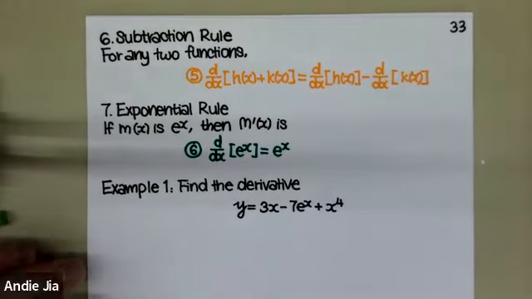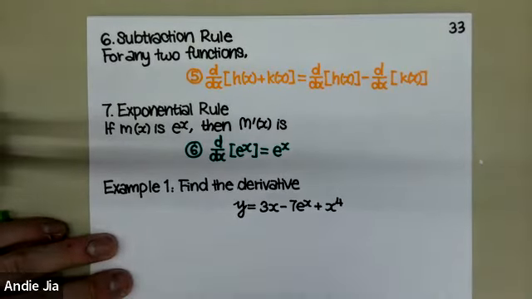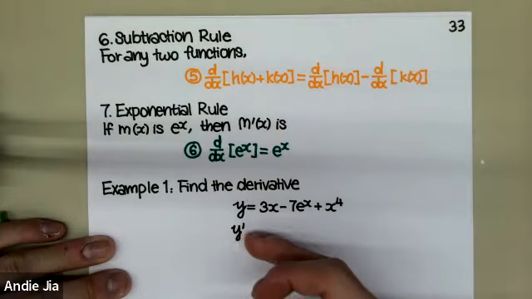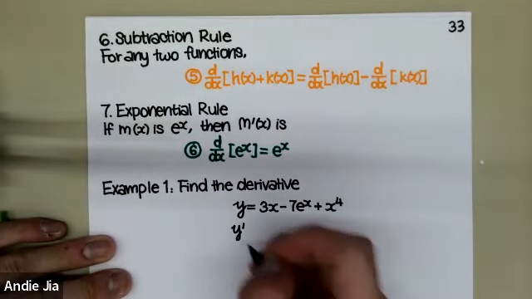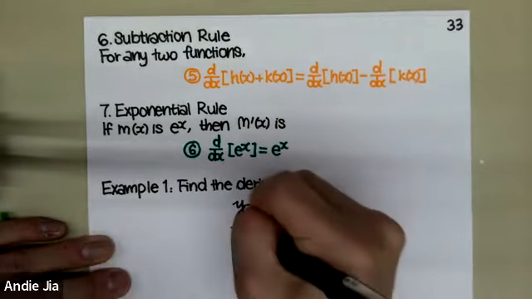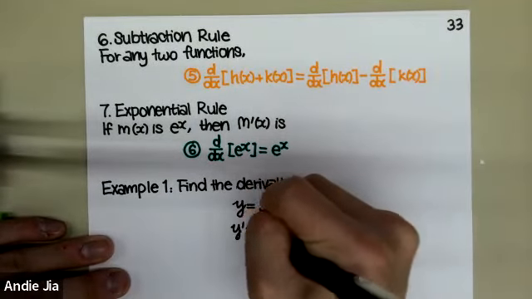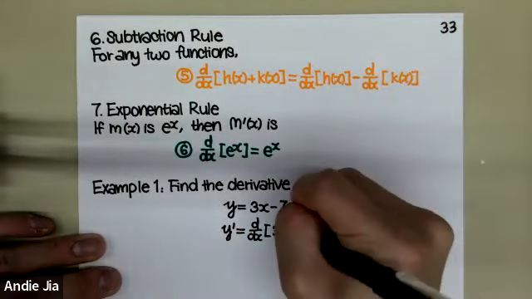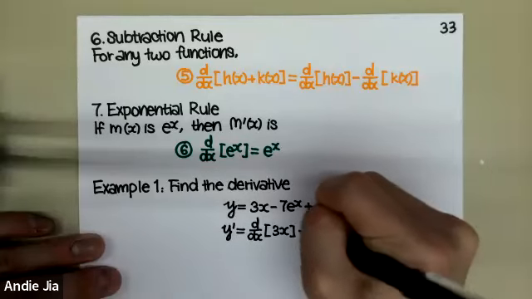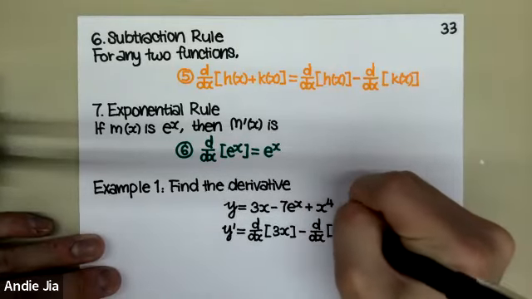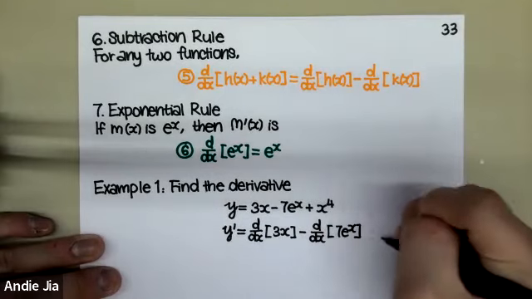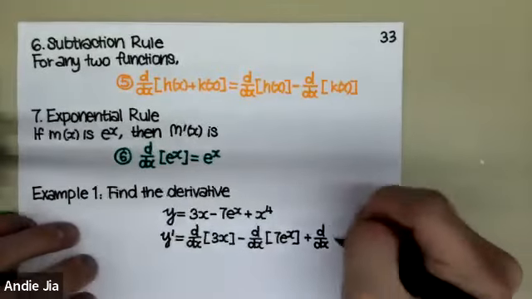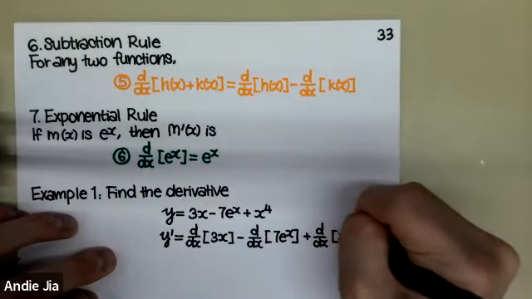So we can also write the notation as y prime. This is the number 5 notation. We just do d/dx of 3x minus d/dx of 7e to the x plus d/dx of x to the 4th.